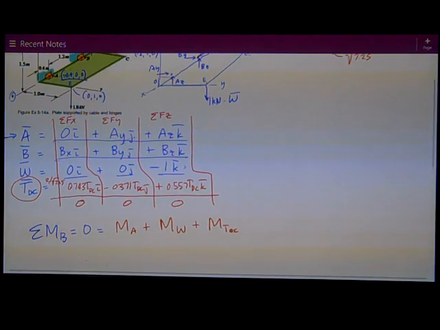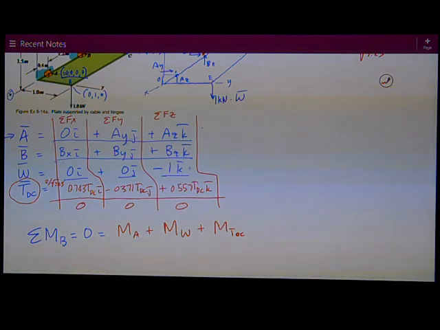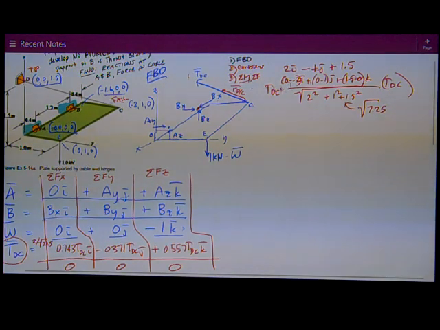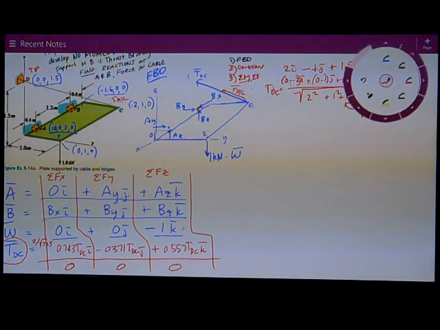So I've got 3 moments about point B, and the sum of those has got to be equal to 0. Each of these is going to have 3 components. Each of these is a vector, and each of these is a cross product. So I'm taking the moments, let me do it in green, and draw my position vectors.